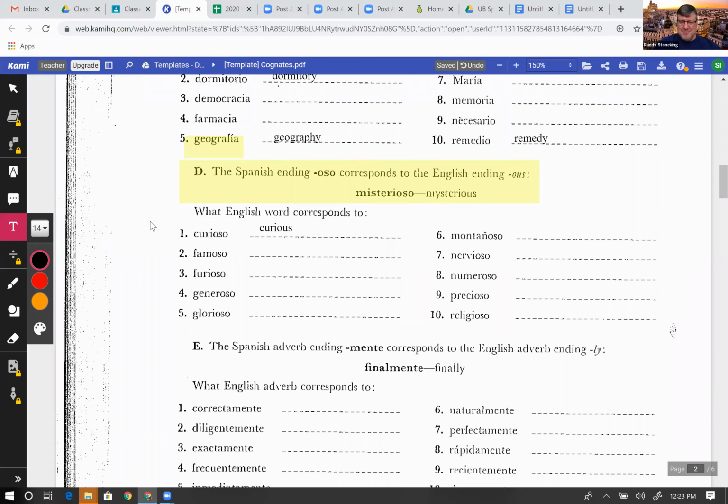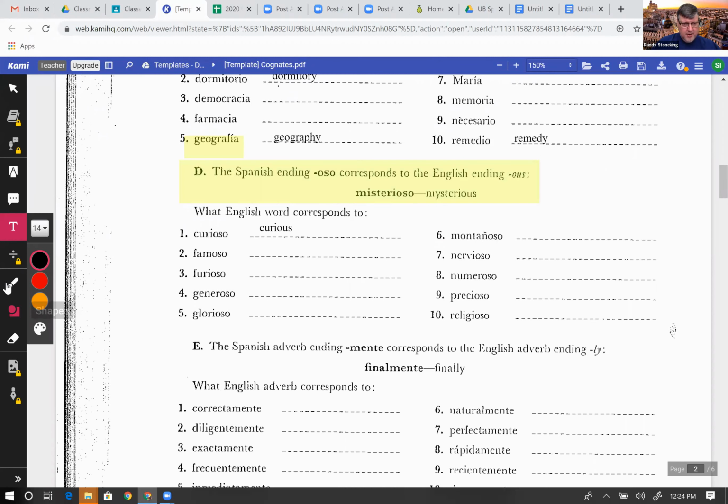Now, sometimes it's not always going to be this easy. Sometimes you have to make a little bit of a stronger leap in your brain to put the two pieces together. But remember, what we're looking at here is patterns, word patterns that we can then apply to make ourselves think. Let's take number 6. This word in Spanish is montañoso. So we know that the OSO is the equivalent of OUS, right?